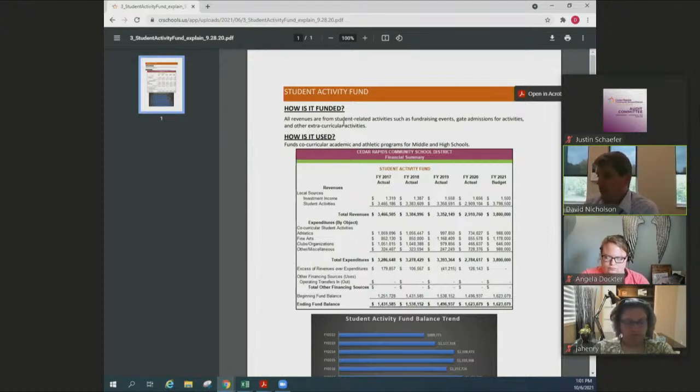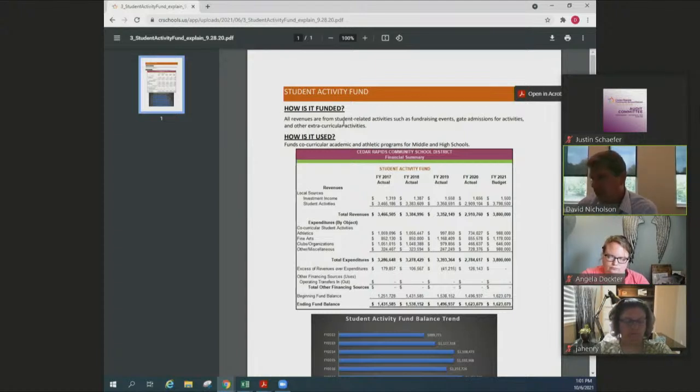So they grant districts the ability, based on a board authorization, to make a transfer to support the student activity funds for operating deficits that they would have within the different sports or clubs or programs that they have.